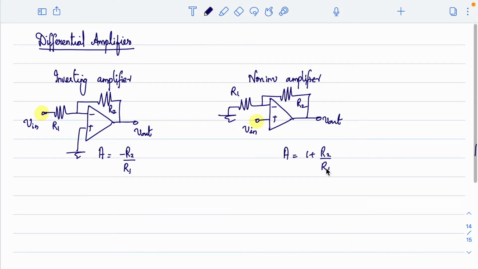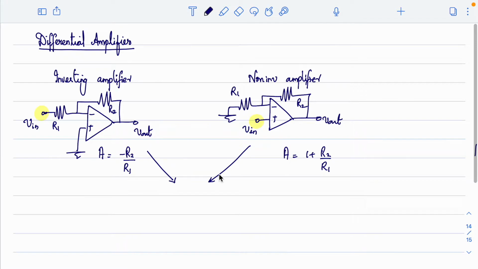Now the moment we want a differential amplifier which can provide amplification to different signals, one way is to combine these two and come up with a new architecture which can definitely amplify the difference between two signals, right?